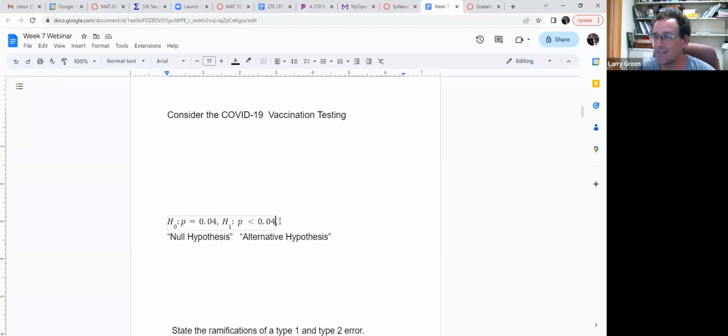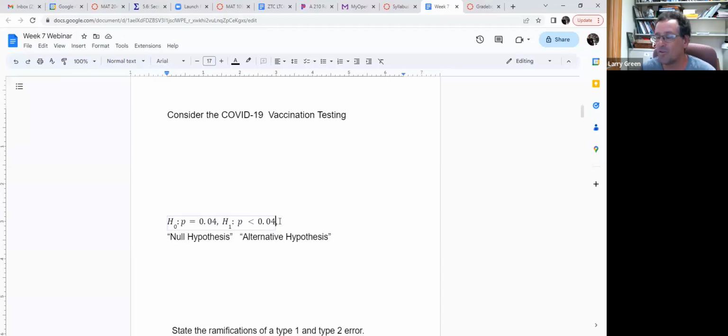Any thoughts? Yeah, all errors are bad. Yeah, it's terrible because what would happen is you have a vaccine that works and the FDA doesn't approve it. And you could have saved another 1 million people from getting COVID and dying, maybe.